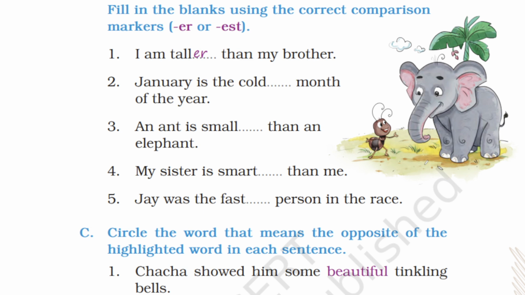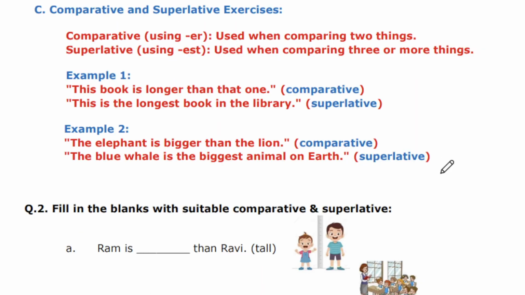Okay, so we'll go back to the question paper now. Comparative is used when comparing two things. For example, a boy and a girl, a pencil and a rubber, milk and a cake. So there should be two things. But superlative is used when comparing more than two things or in a group of things.